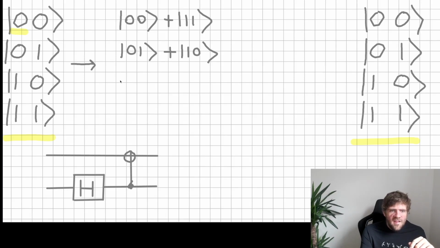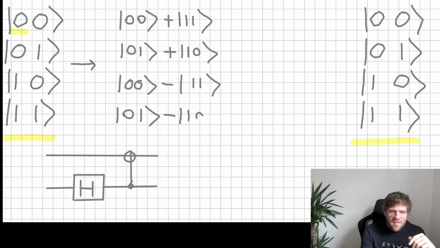In this case, the fact that we're applying a Hadamard to a 1 state means that we get a phase of -1. So we'll get the state 0, 0 minus 1, 1. And in the final case, we get the state 0, 1 minus 1, 0, because again we're applying it to a 1 state and getting that phase of minus.